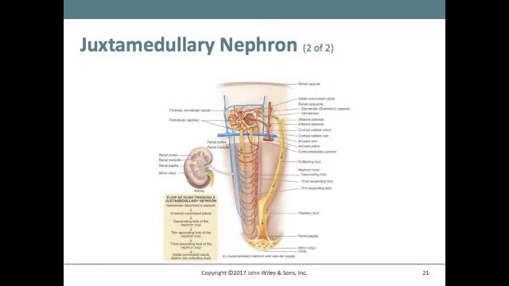This cartoon is on page 1051, and it's still part of figure 26.5, and this shows a cartoon of the juxtamedullary nephron and its vascular supply.